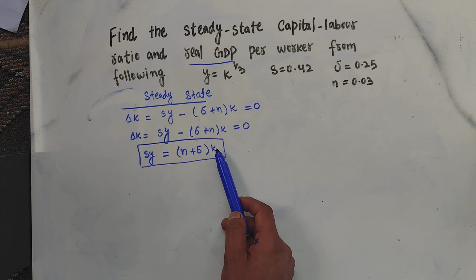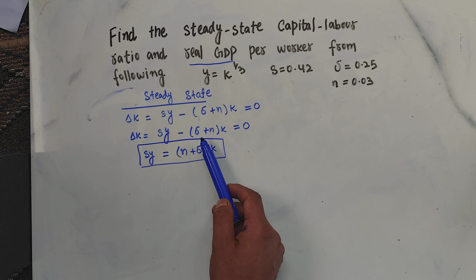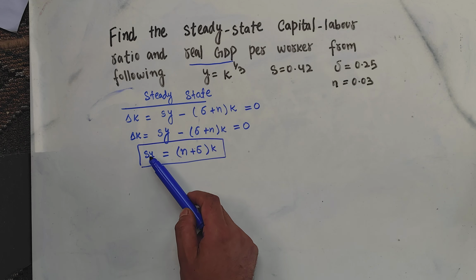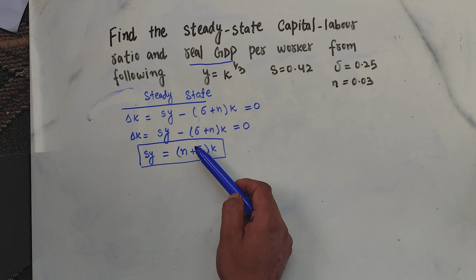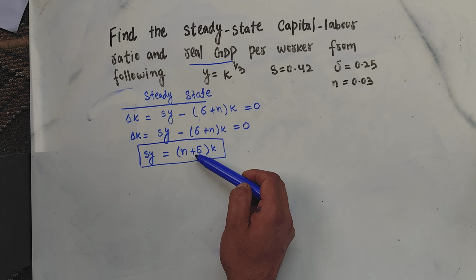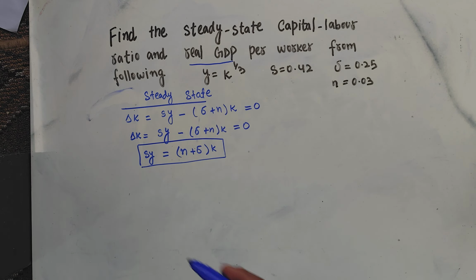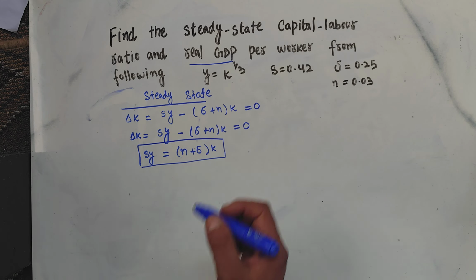Now what does this equation tell us? At steady state, savings per worker must be equal to the investment needed to offset the depreciation and equip new workers. This is the fundamental equation of the Solow model.